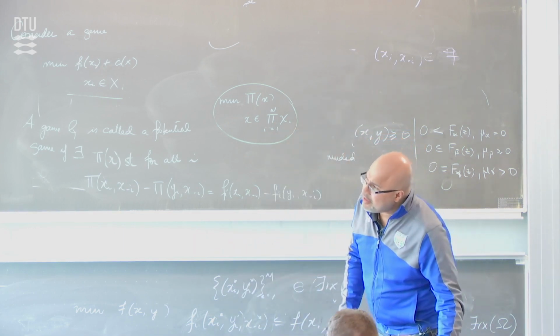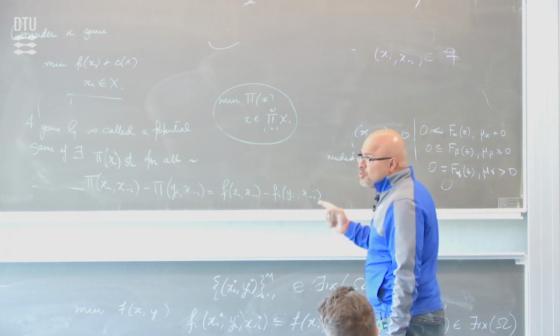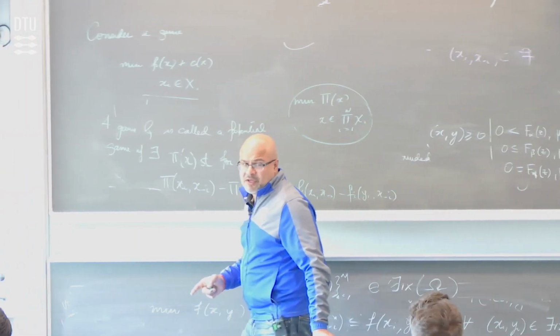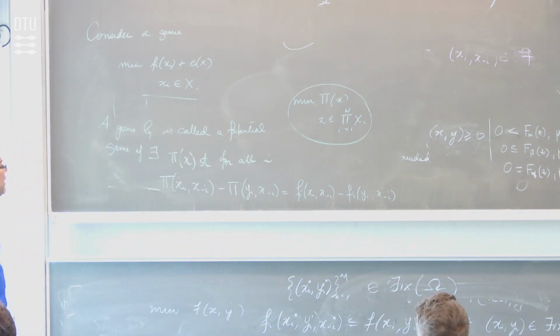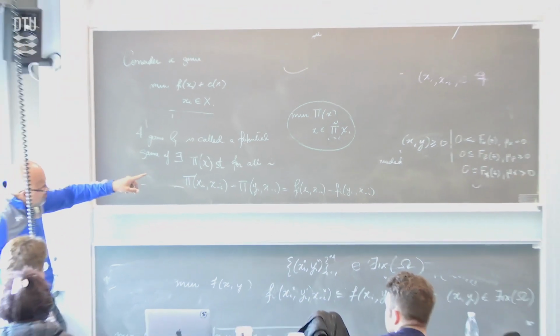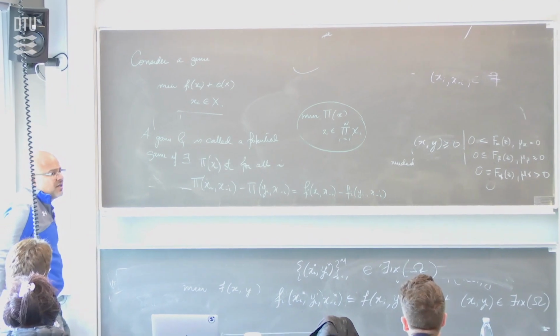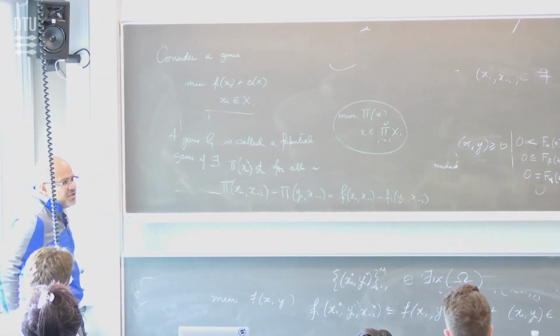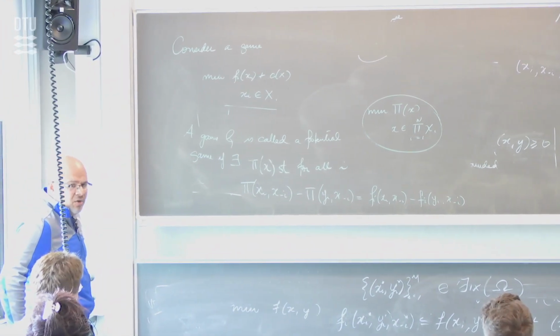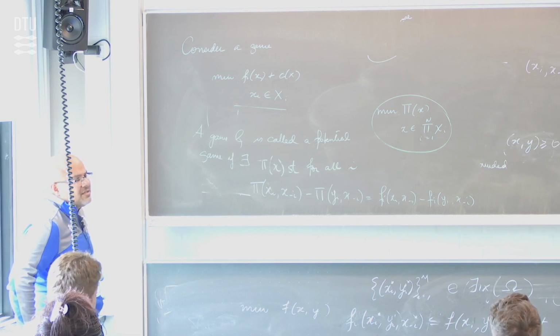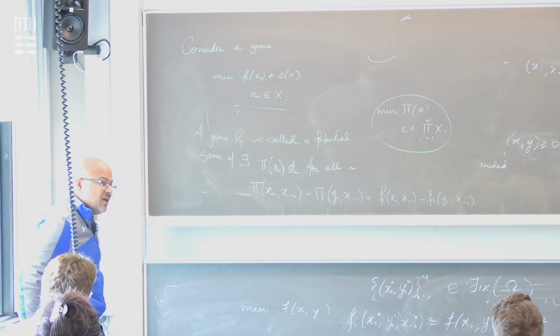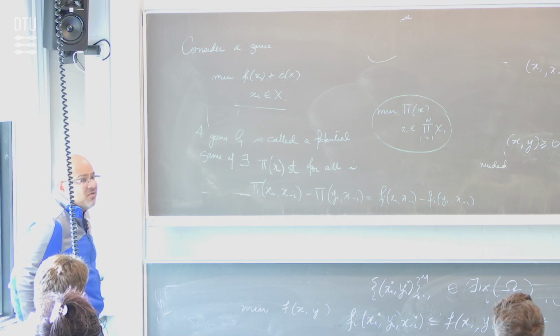But the point that I want to emphasize now is, can you do this for multi-leader, multi-follower games? Because if I can use this as an existence vehicle, we do know that for this problem, if pi of x is a continuous function and the Cartesian product of X_i is closed, convex, compact, if it's just a bounded set and it's closed, we know that pi of x achieves the minimum, just from Weierstrass's theorem.